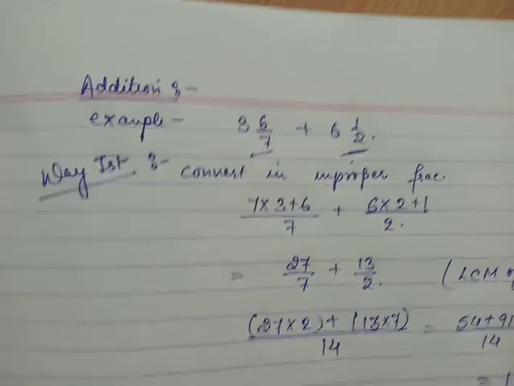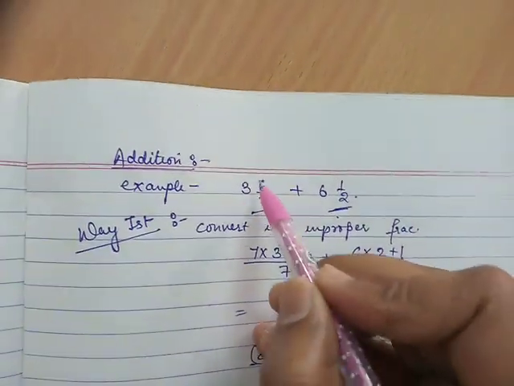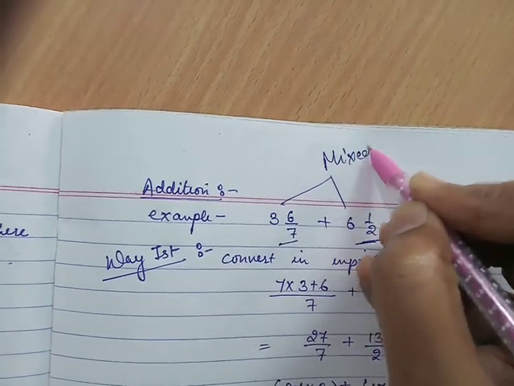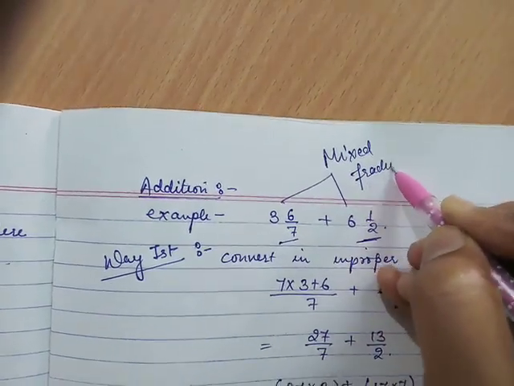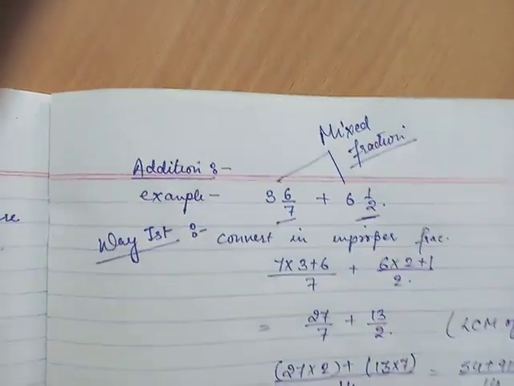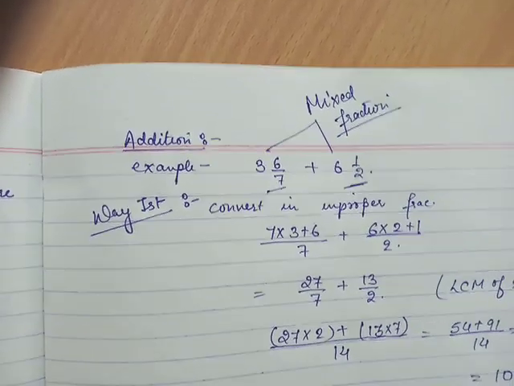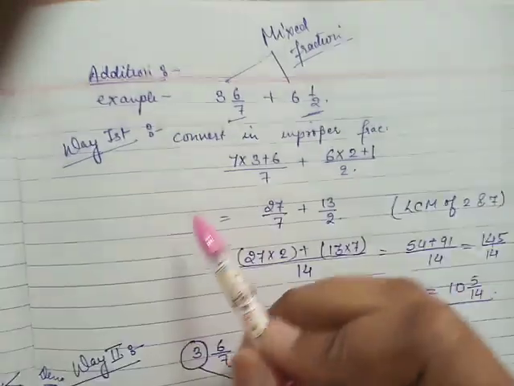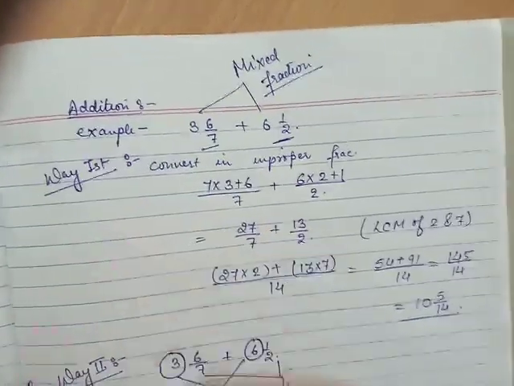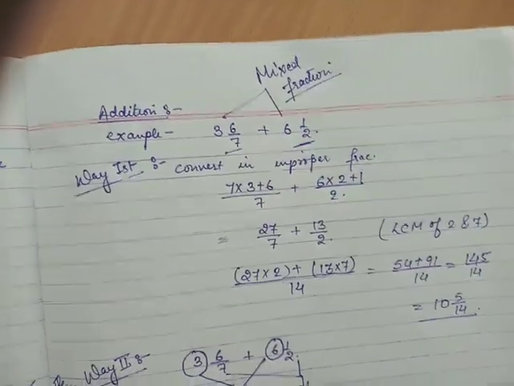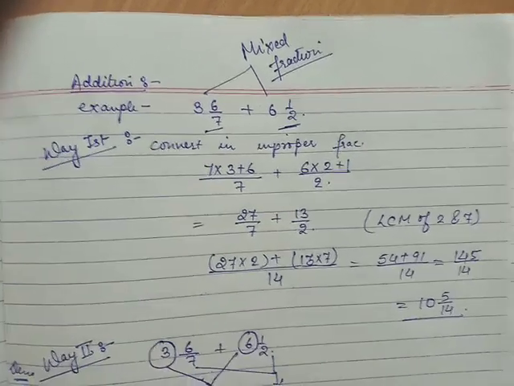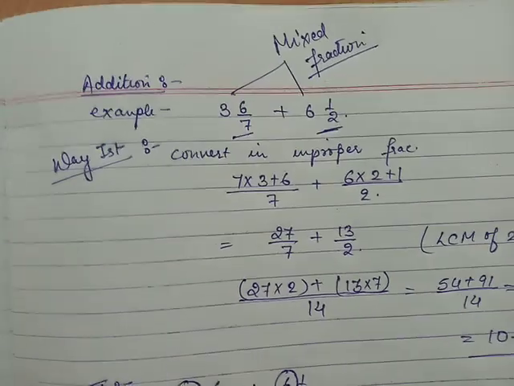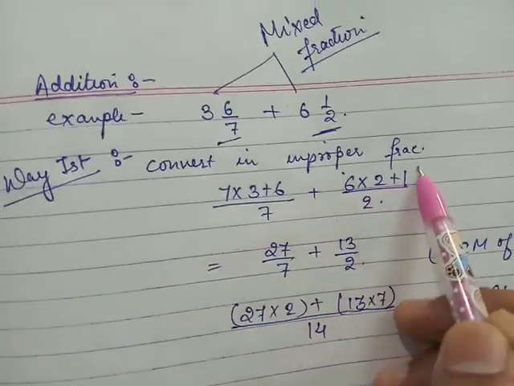Here you can see that these 2 fractions are mixed fractions. Now we will go through the addition. There are 2 ways to solve this. We will see the first way, and after that we will see the second way. First of all, we will convert these into improper fractions.